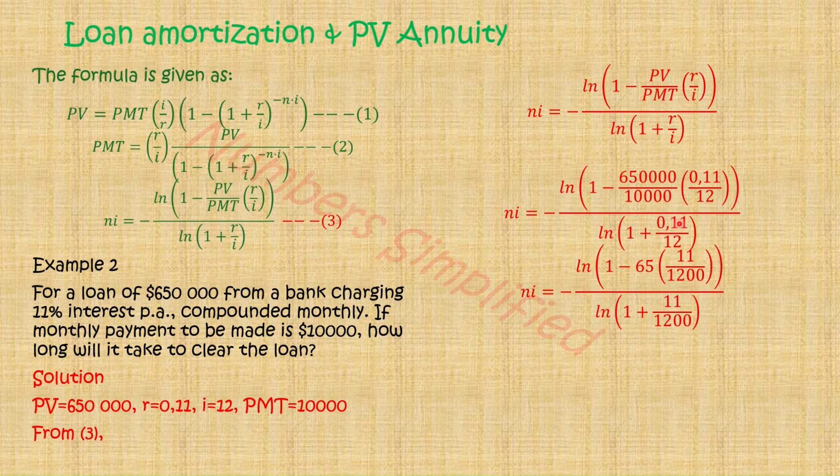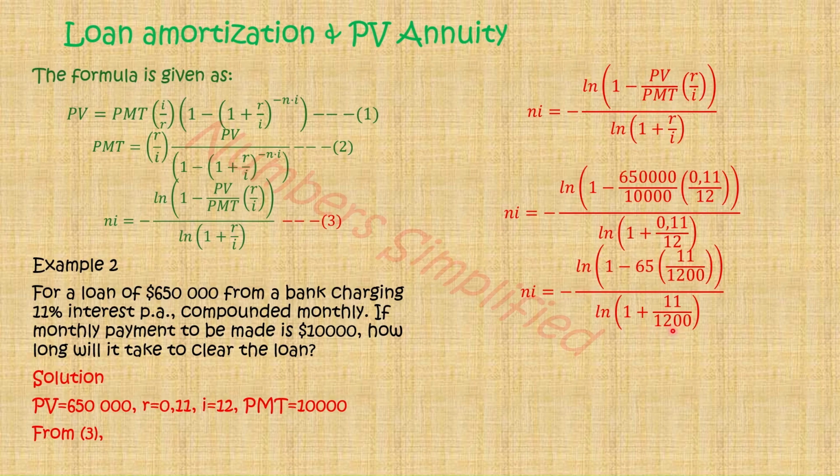In the second fraction in the numerator, we have 0.11 divided by 12. That can be expressed as a fraction in this manner, 11 over 1,200, but you don't need to do that. You can just leave it as it was. Now, in the denominator, I decided to express that fraction as 11 over 1,200.